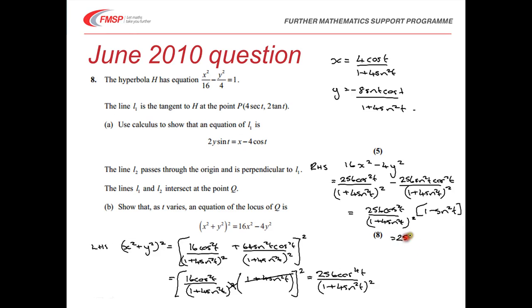So again we end up with 256 cos to the 4 t over 1 plus 4 sine squared t all squared. And we note that these expressions are the same. So in terms of t they evaluate to the same. So we have a proof that this holds for all the points on this locus Q, and that is the equation of the locus of Q.